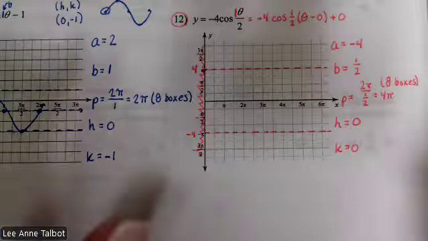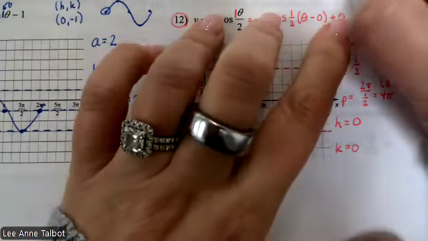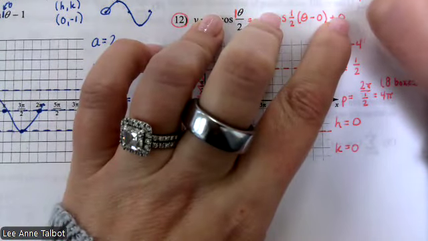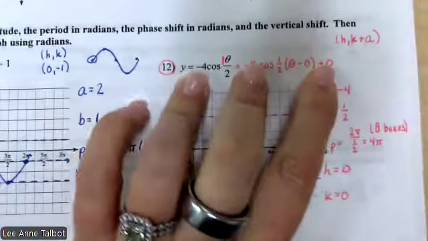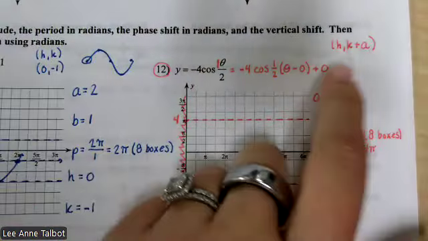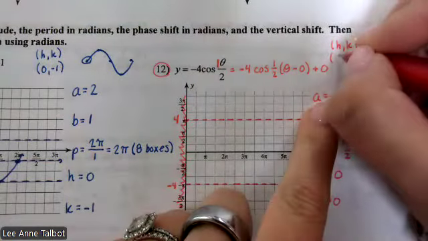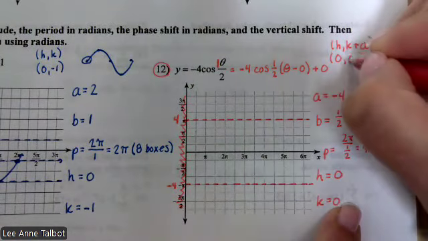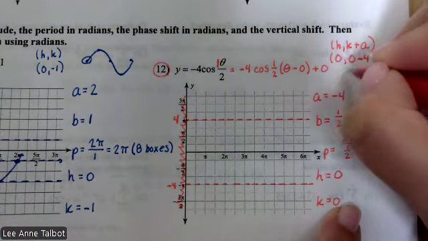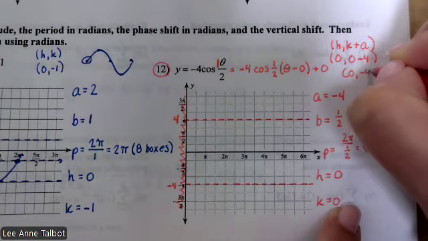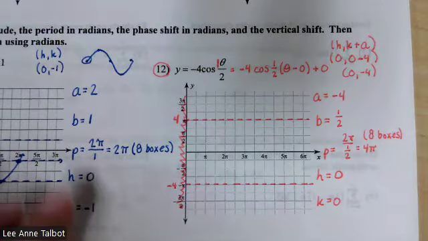Okay, so next step, locator point for cosine is h comma k plus a. H comma k plus a is 0, -4.